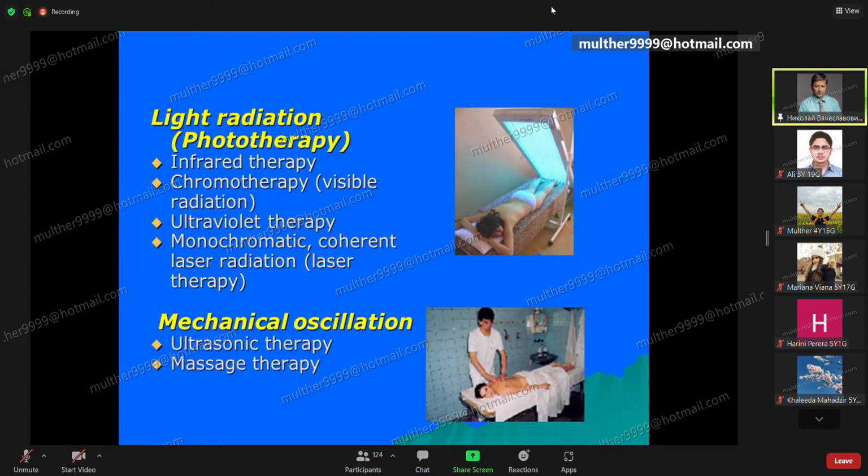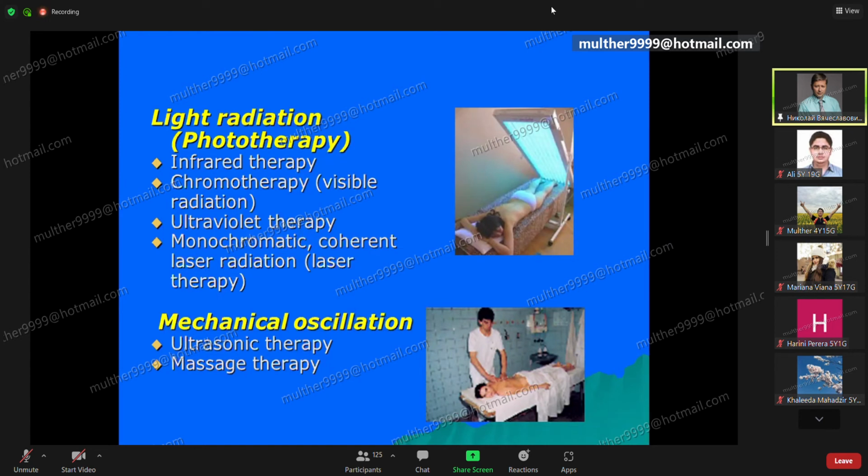This group includes infrared therapy, invisible light, chromotherapy, or visible radiation of different colors, and ultraviolet therapy, which includes 3 parts: long wave, middle wave, and short wave UV rays.